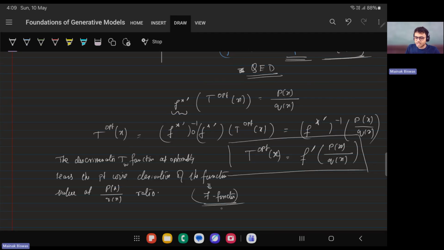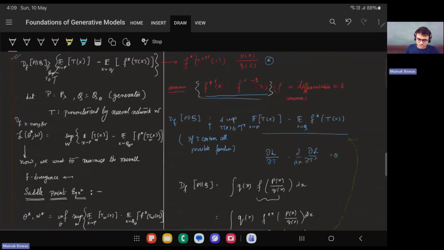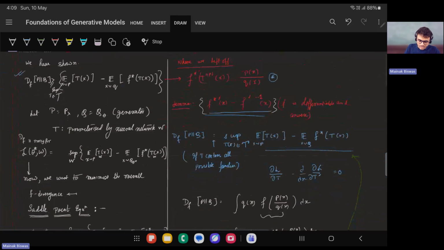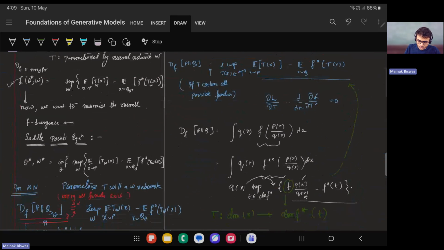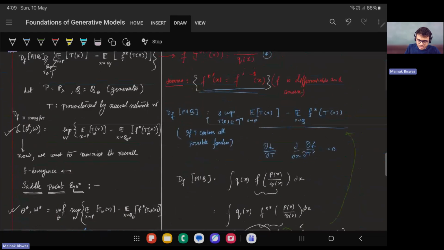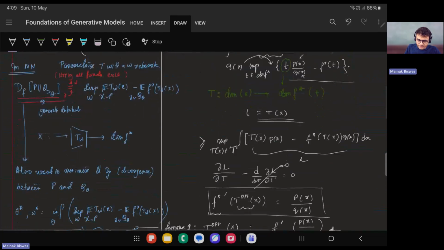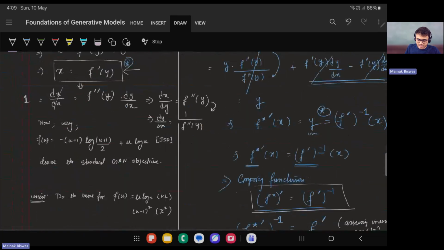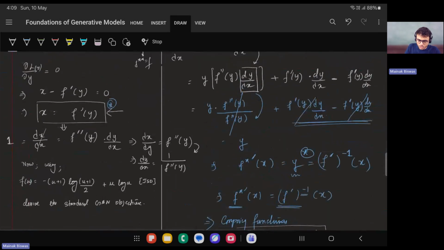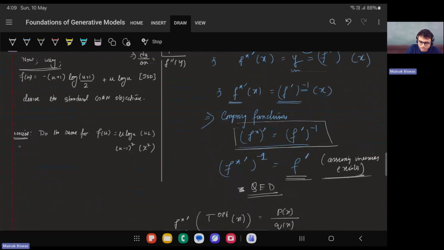So let's now do this optimization. We have shown the saddle point equation, and we have shown the GAN objective. Now let us try to find out, using f of u equal to the J's divergence, to derive the standard GAN. And your homework is for chi-square and KL divergence.